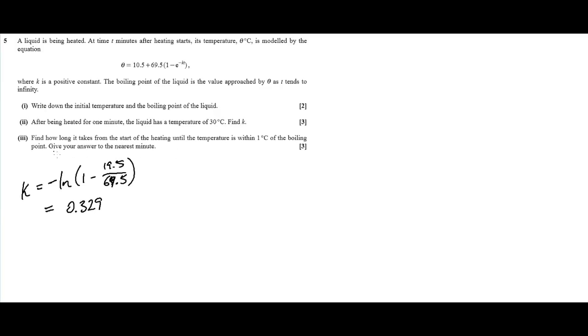Then finally we need to find how long it takes for the temperature to reach within 1 degree of the boiling point, which, because it never reaches the boiling point as t needs to get to infinity. So 1 degree from the boiling point of 80 is 79 degrees Celsius as our target temperature.